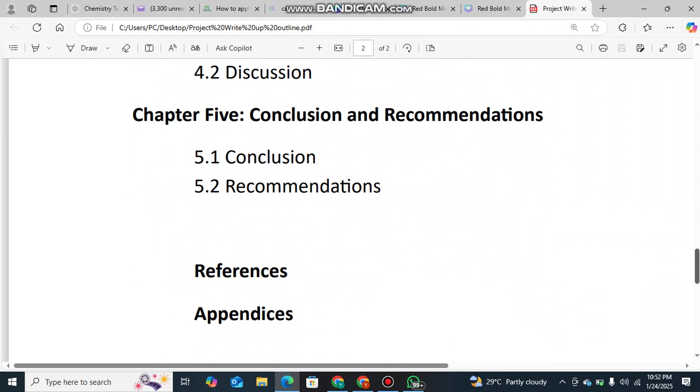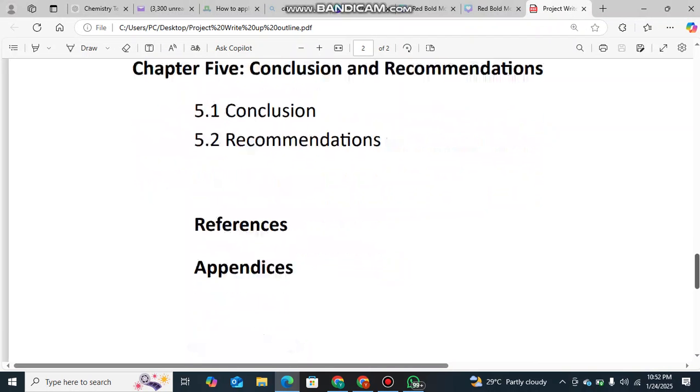Your references, this is where you compile all the sources that you used, all the other people's work that you cited in your project. Whether it is online, or you got some fact or some information from a textbook, it could be from a journal, it could be from an online platform, this is where you actually put them together.